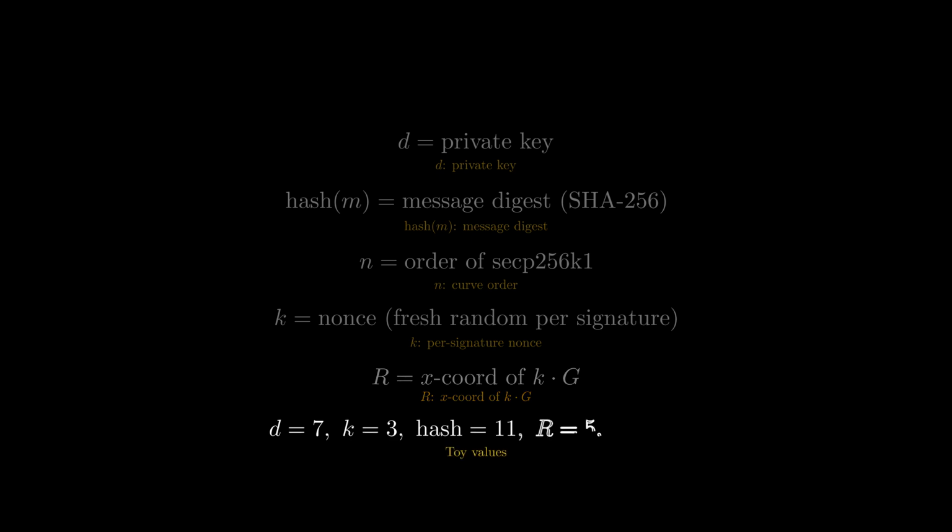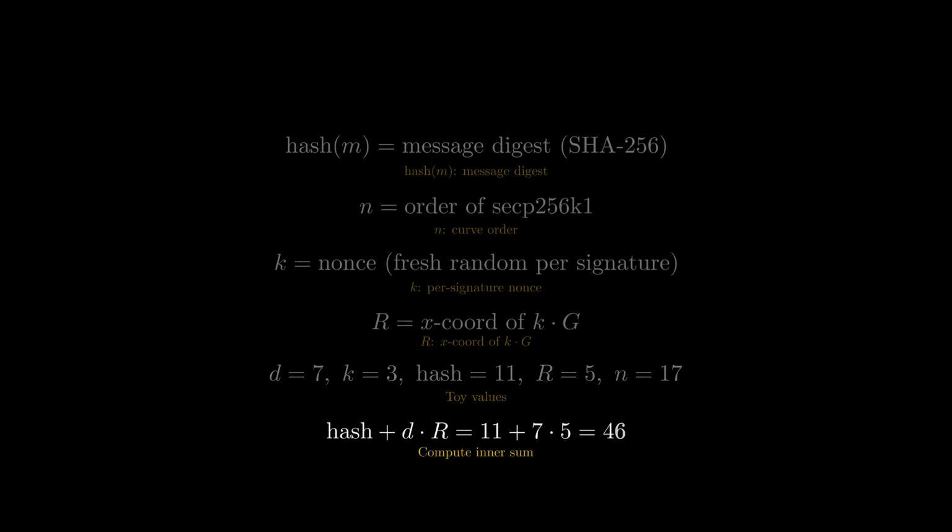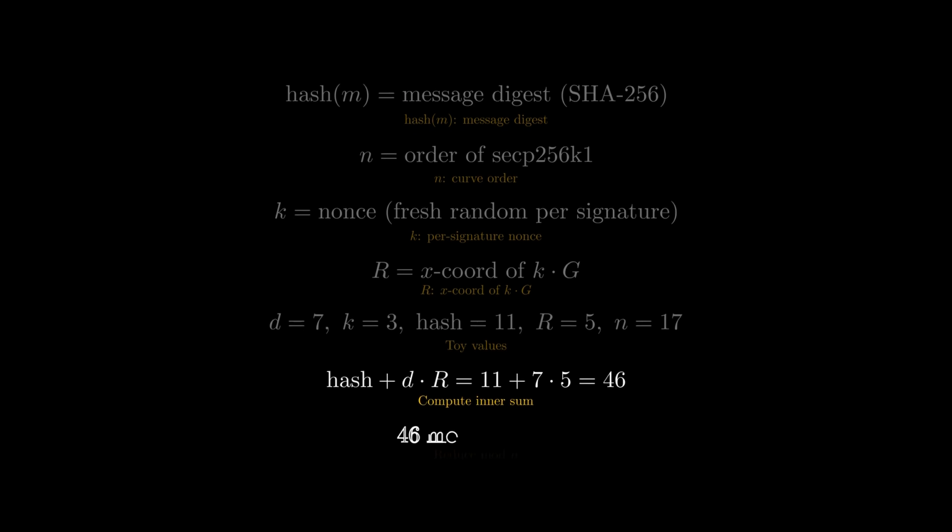Now let's plug in some toy numbers. Let D equal 7, K equals 3, hash equal 11, R equal 5, and N equal 17. First, compute hash plus D times R. That's 11 plus 7 times 5, which is 11 plus 35, equal to 46. Reduce modulo 17. 46 minus 34 is 12.